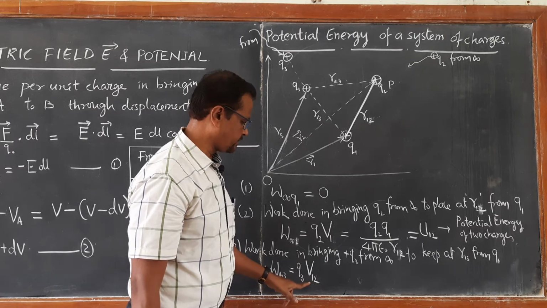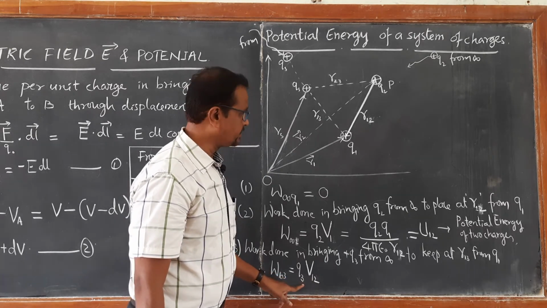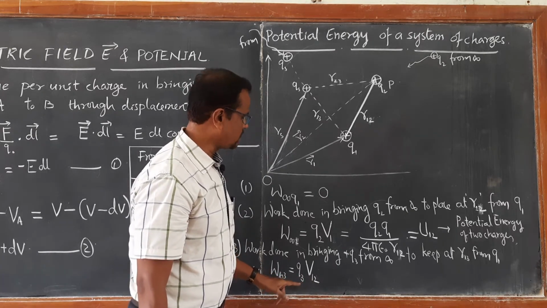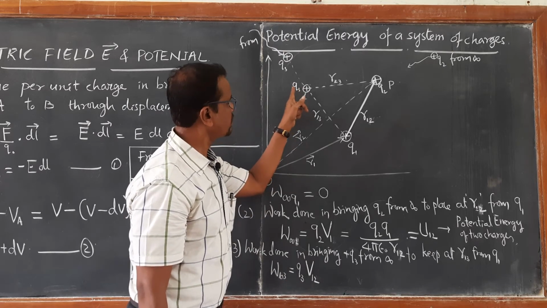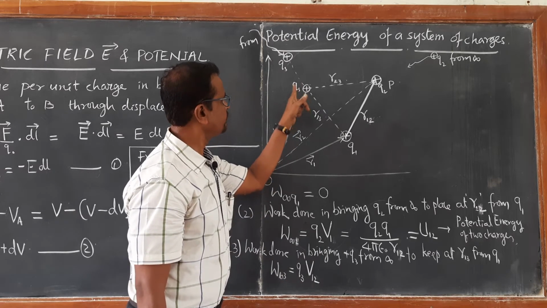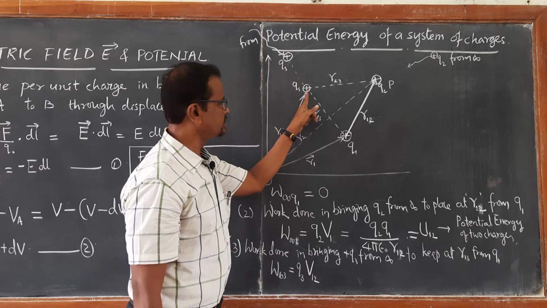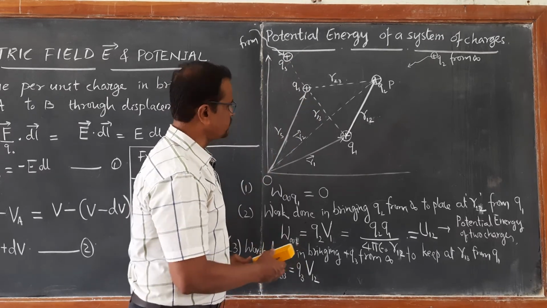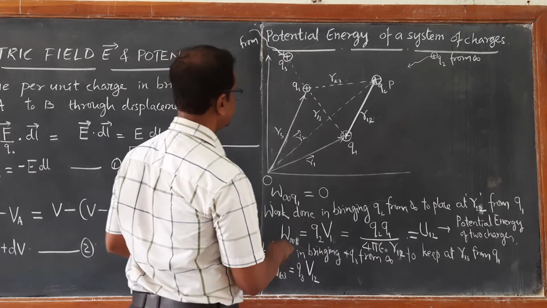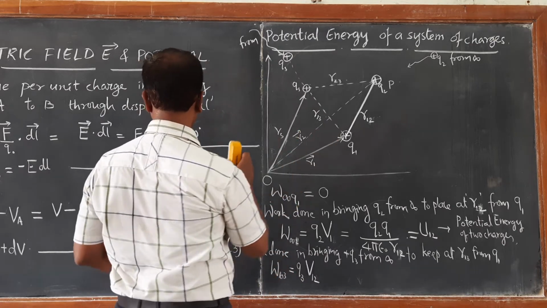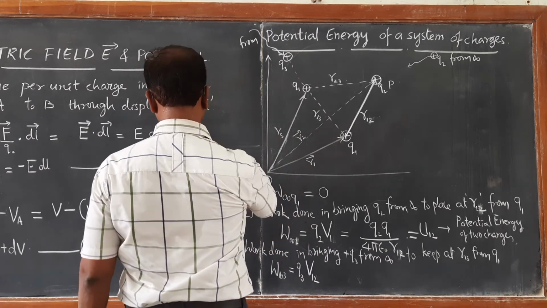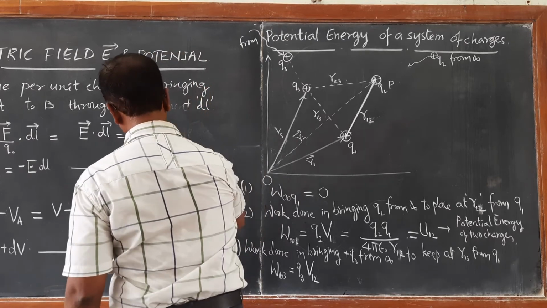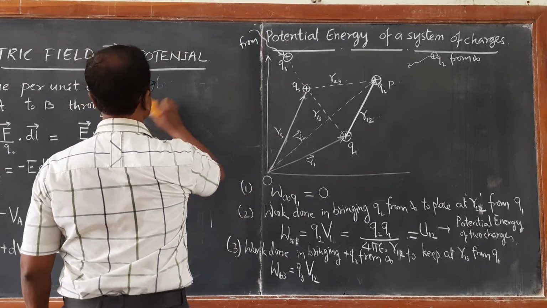So Q3 multiplied by V12, if you calculate this, gives us the work done in placing Q3 from infinity to this particular point, right? So what is V12 at this particular point? I will just rub this out and we can write what V12 is.